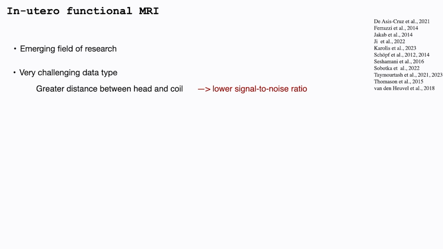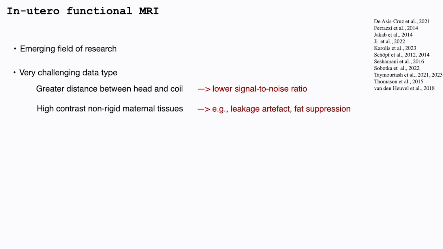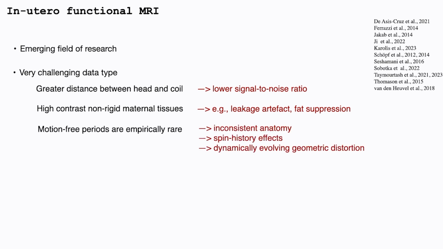We inevitably deal with a very low signal-to-noise ratio in this data due to various factors, including the greater distance between head and coil compared to ex utero data. The signal can also be contaminated by high-contrast non-rigid maternal tissues, leading to leakage artifacts and difficulty of fat suppression. And most importantly, motion-free periods are basically non-existent in this data. This leads to inconsistent sampling of anatomy, spin history effects, and dynamically evolving geometric distortions.